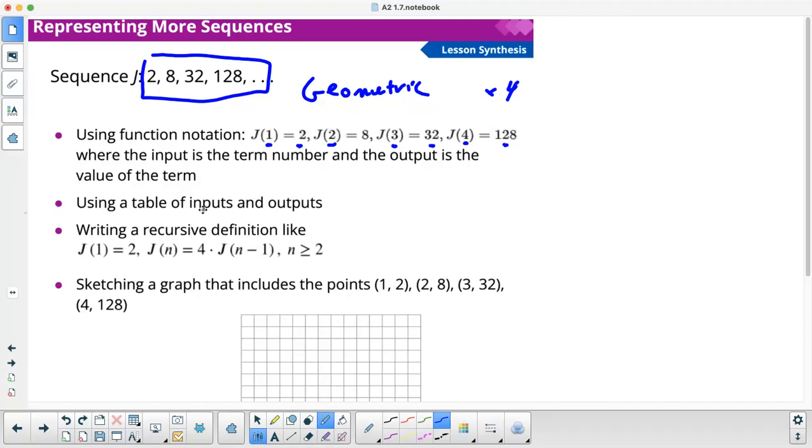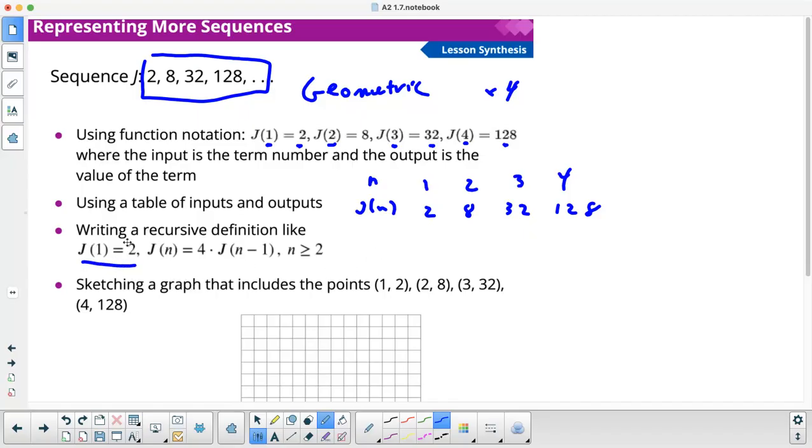Same info. So if I want to put it into a table, I could say n and j of n: first term, second term, third term, fourth term, and I would just say 2, 8, 32, 128. Same info, just presented differently. Here's our recursive definition. We need the first term.